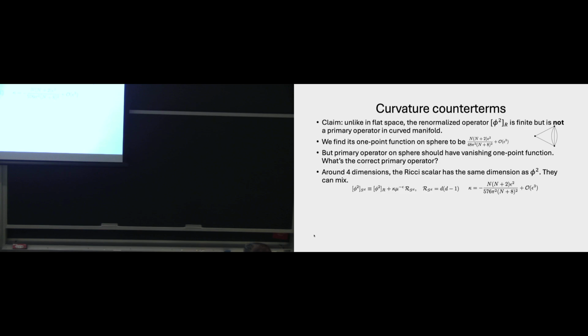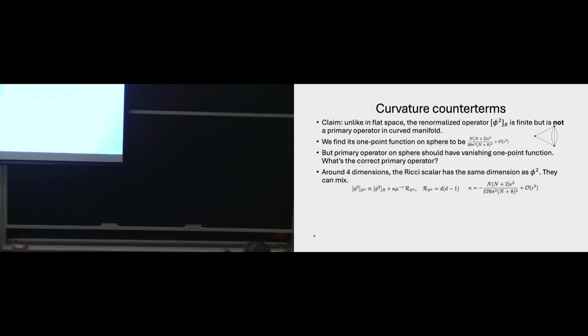Because around 4 dimensions, phi squared has dimension 2, and the Ricci scalar also has dimension 2. So they can mix in principle. And to define a primary operator, we have to take into account the mixing. A quick way to fix this coefficient is that we require the one-point function of this operator to vanish on the sphere.